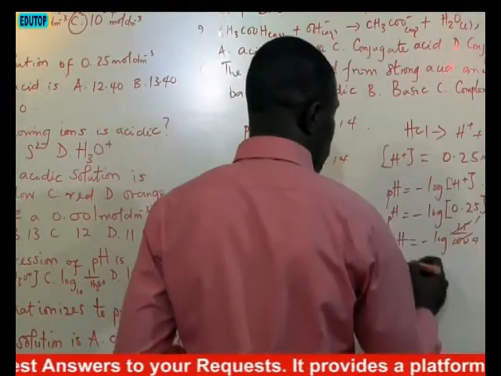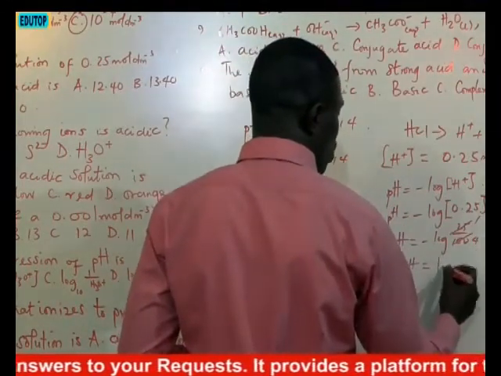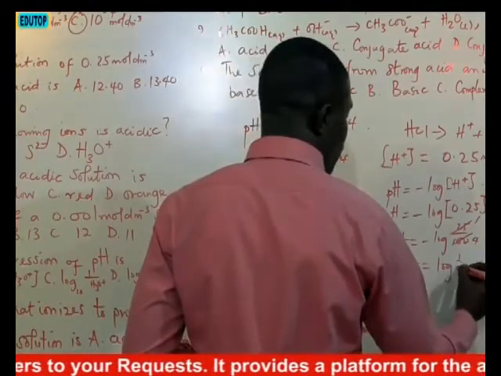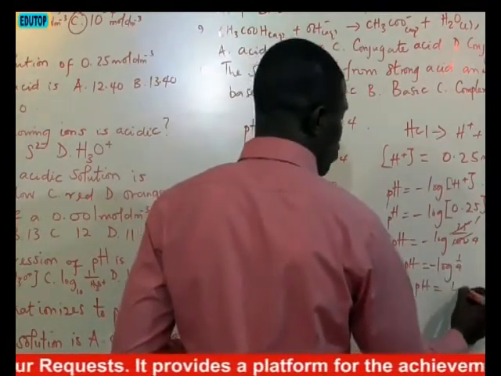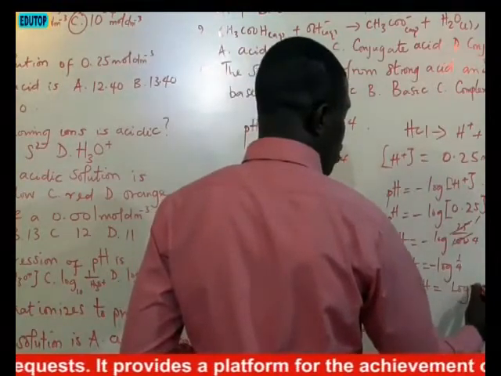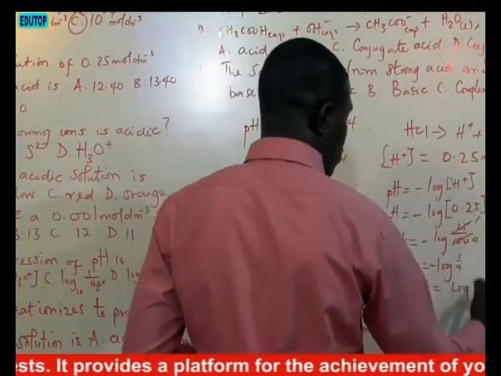So we have pH equal to log of 1 over 4, then this pH will now be equal to logarithm of 4.